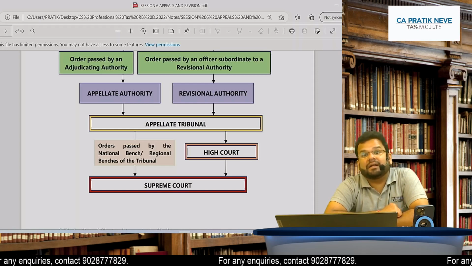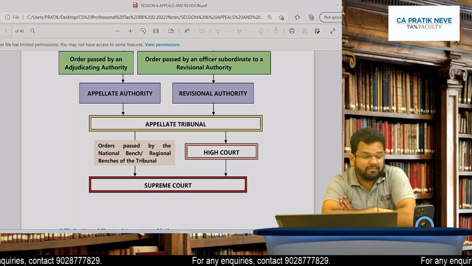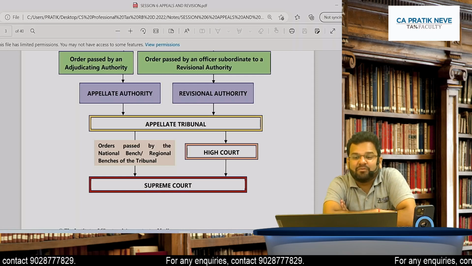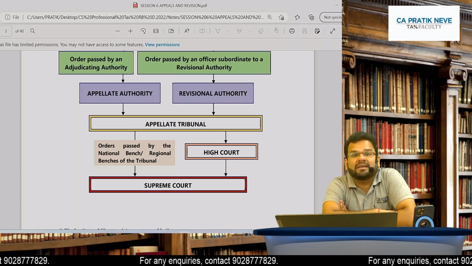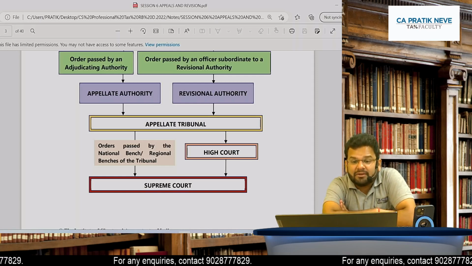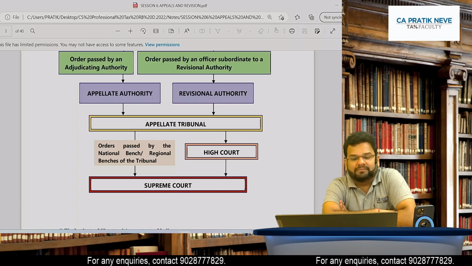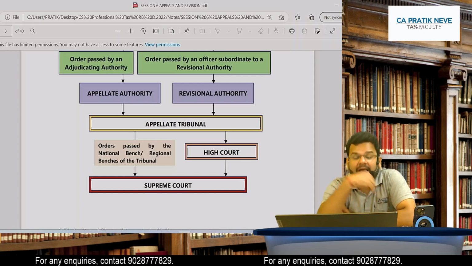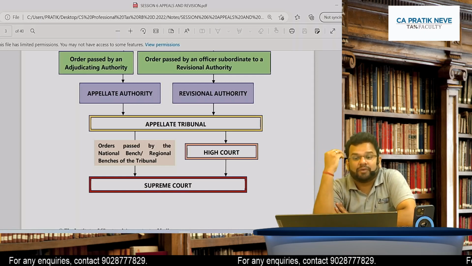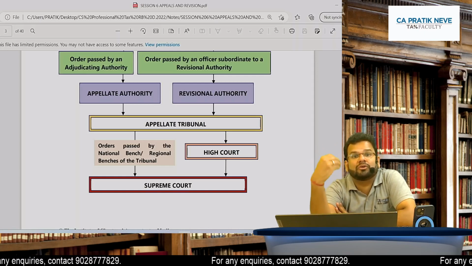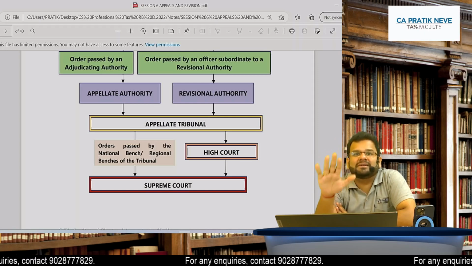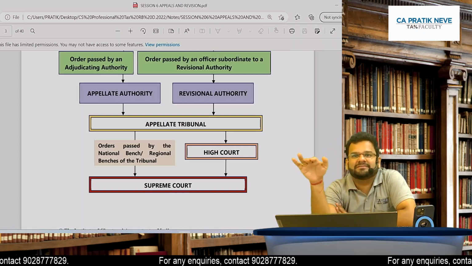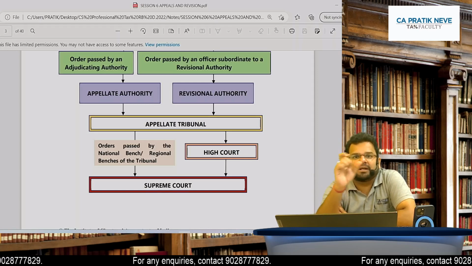If the appellate authority gives a decision and I am not happy with that, then what's the mechanism? Then the mechanism is the appellate tribunal. And finally friends, if I am not happy with the appellate tribunal also, then in GST the mechanism ends here. AA, appellate authority.